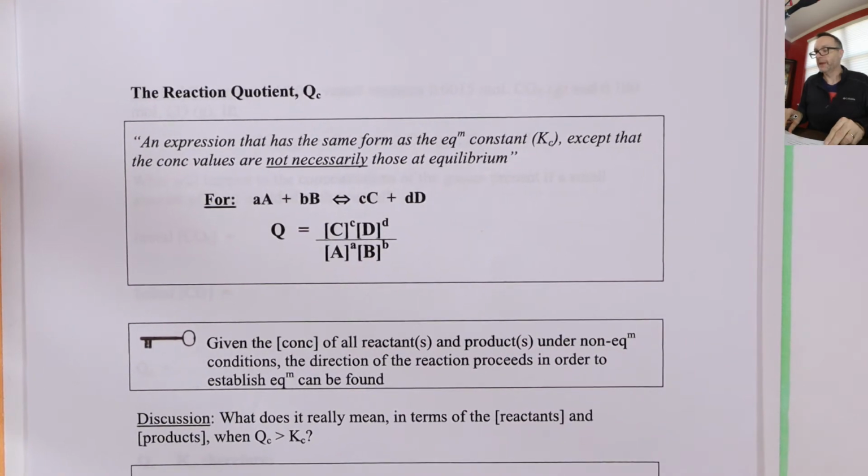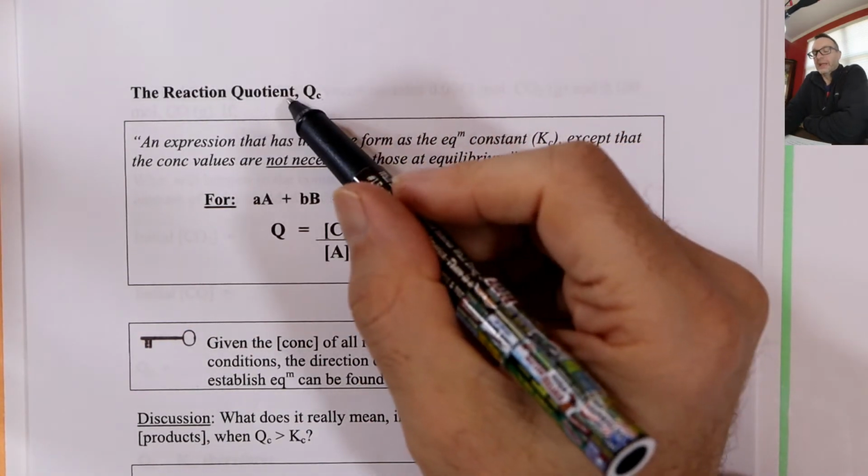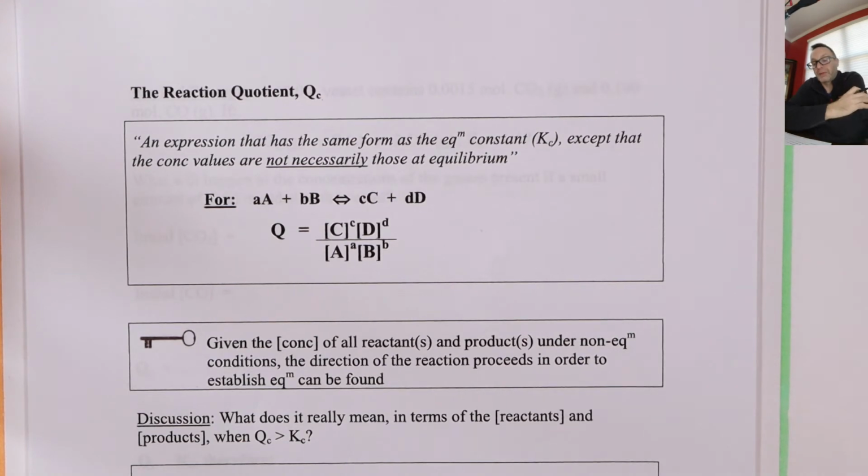All right. Now, this next one, Q. Not that Q. This Q, or actually Qc here. It's called the reaction quotient. Basically, what is Q? It's K, but not at equilibrium.